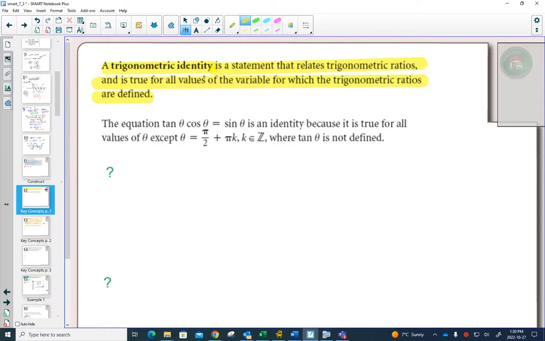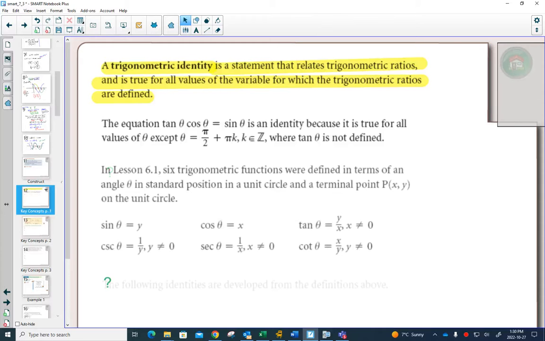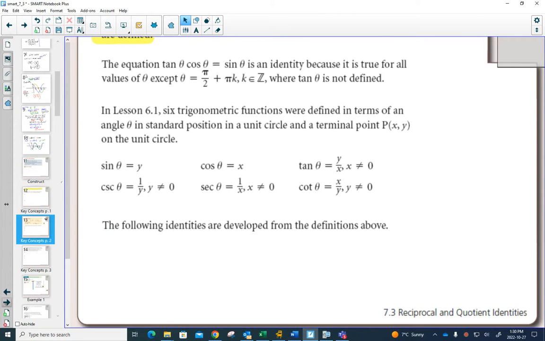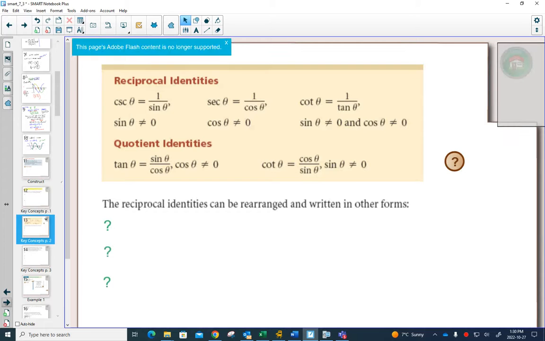Our job is to use some of the things that we already know. We already know the definition identities, which are called the reciprocal identities. You know that cosecant theta is 1 over sine theta. Similarly, right above each of these, or beside each of these, the flip is also true.